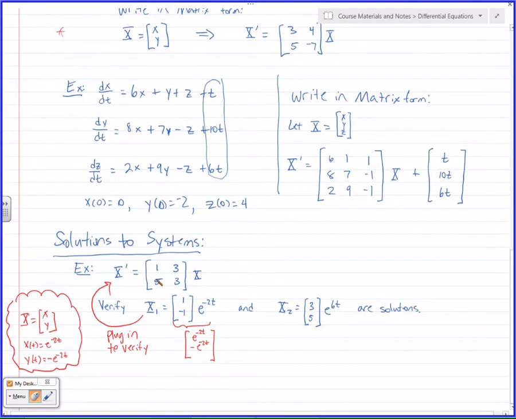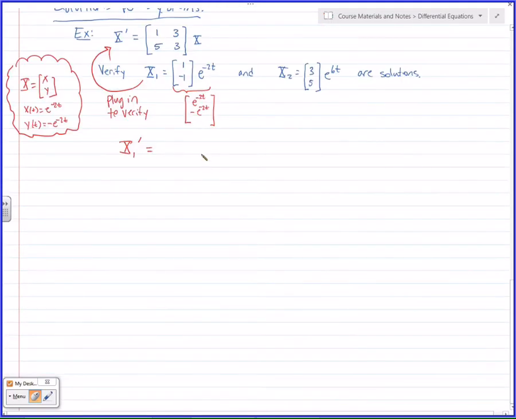So let's do that with x1. x1 prime is the derivative of either this that I've got written in blue or this that I've got written in red. Let's just find the derivative. It doesn't matter which one you do.